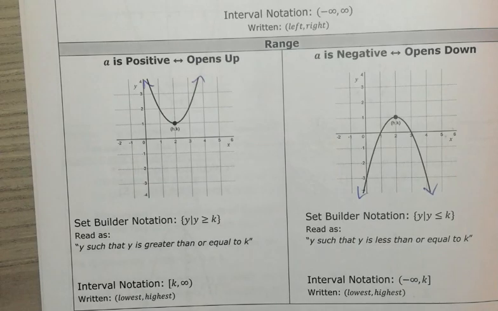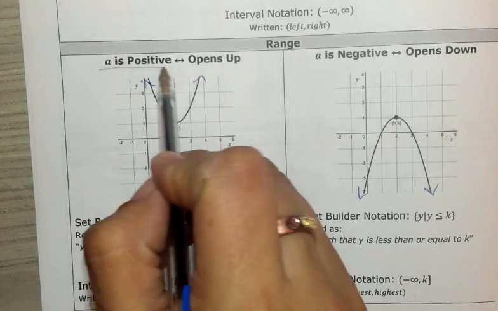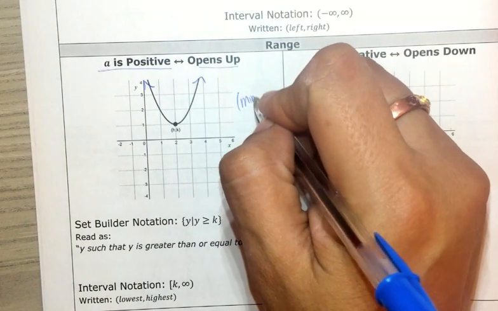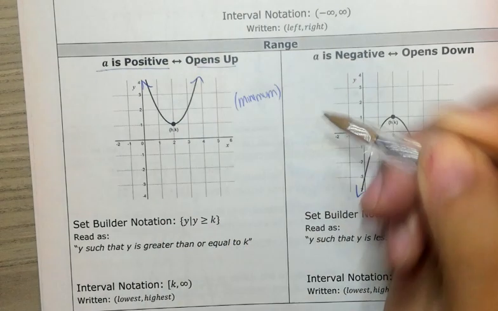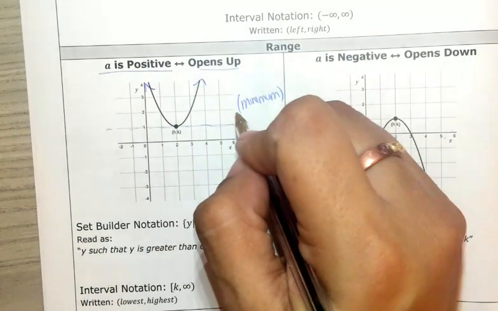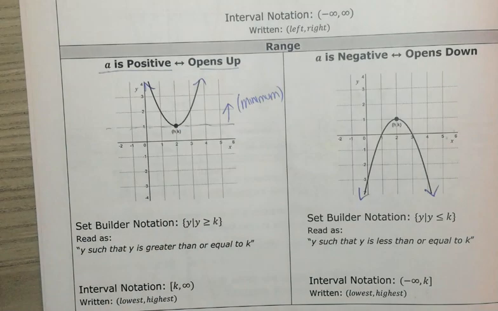So similar to the previous unit, you do have to find whether you have a maximum or minimum. If the a is positive, it's opening up, which means you will have a minimum. If you have a minimum, that means your y values are only going to be greater than that minimum.